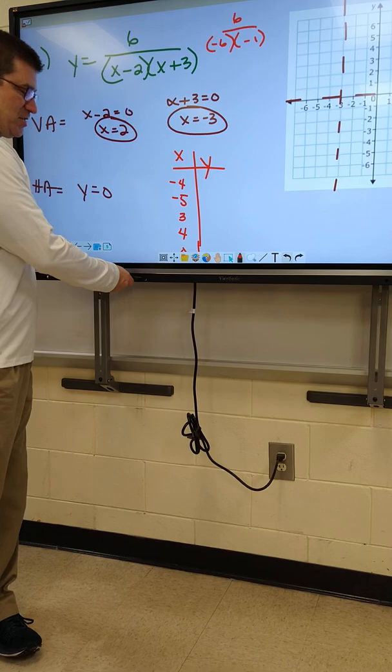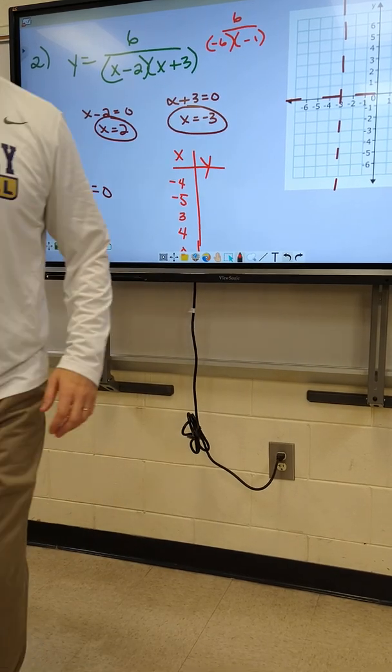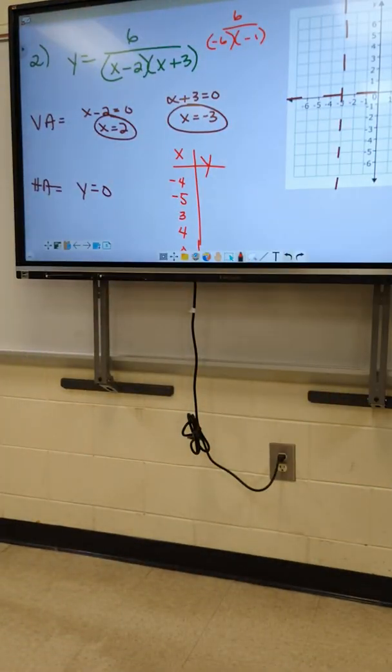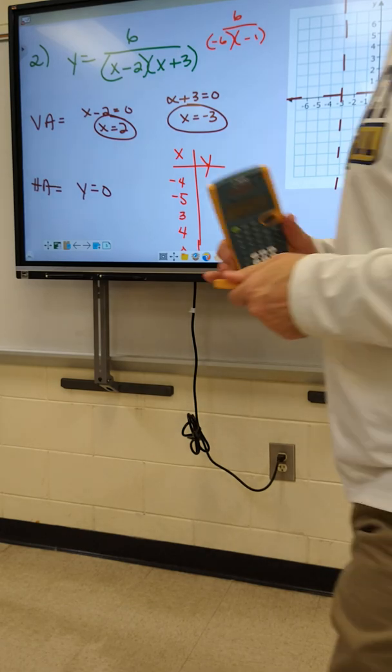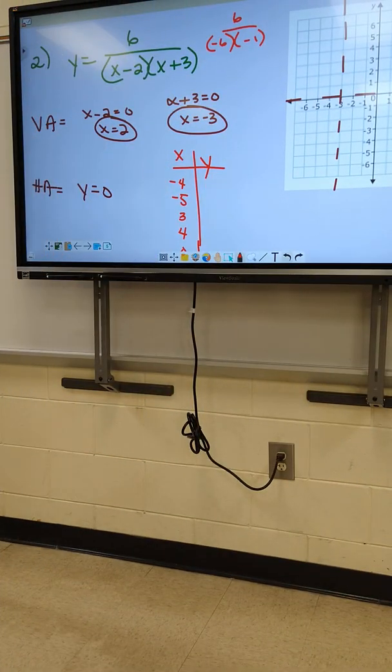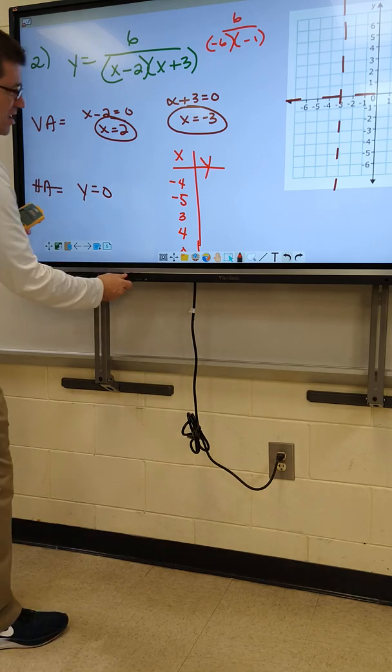Plug it in your calculator and let's see what we get on the first answer. Got 6 on top. 1. Fisher says 1. Let's see if I get 1. I got 1 for the first answer.